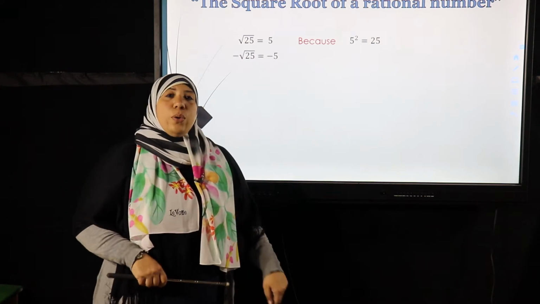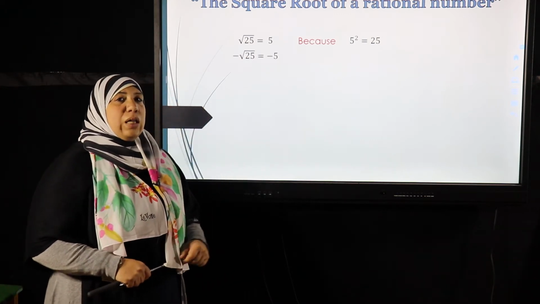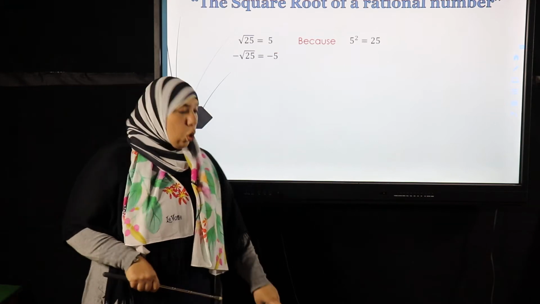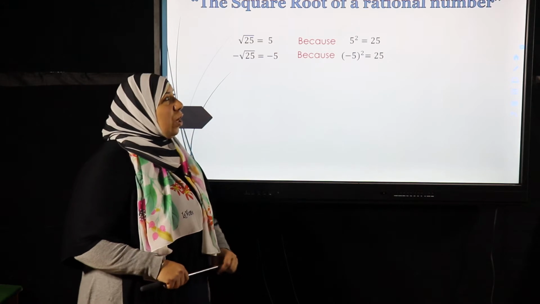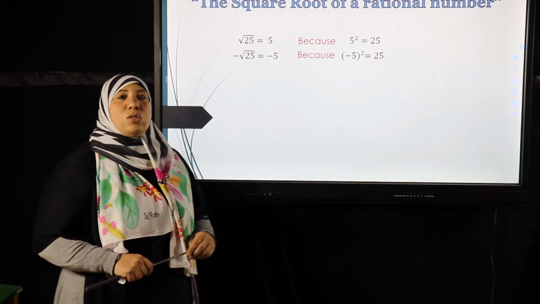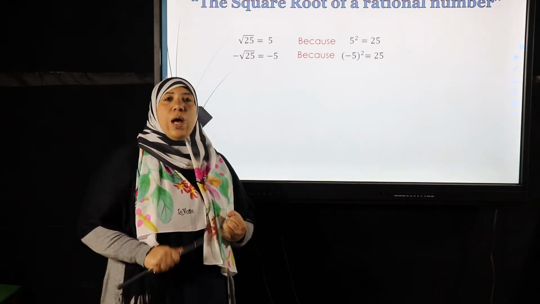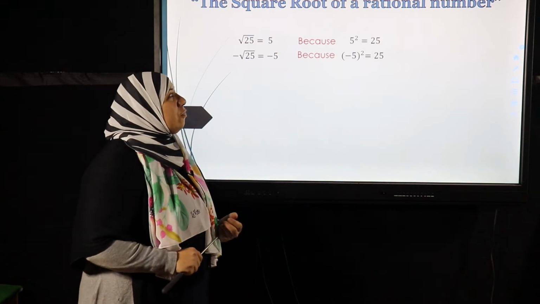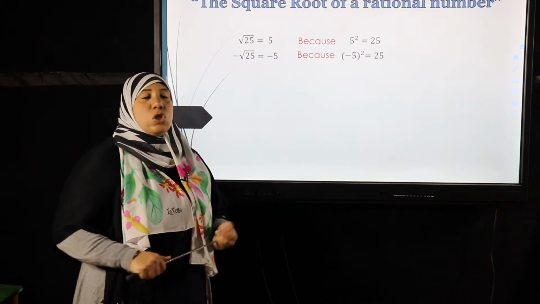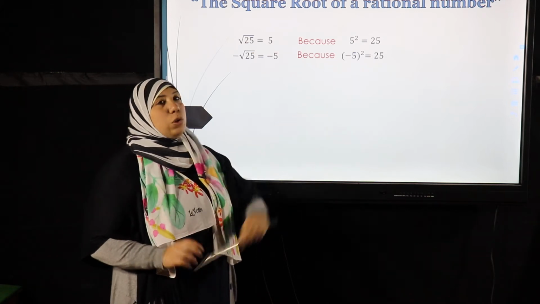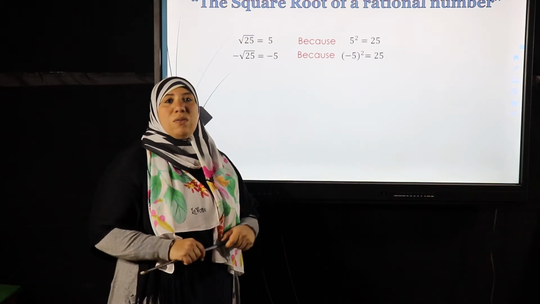And the negative square root of 25 is negative 5, because negative 5 power 2 also equals 25. So 25 here has 2 roots. If you make 5 power 2, it will give you 25. If you make negative 5 power 2, it will also give you 25.